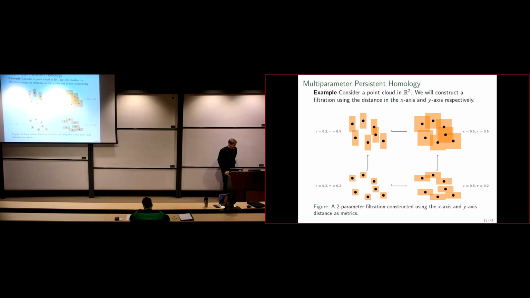So here is an example of a multi-filtration where we use two metrics. We consider this point cloud in the plane in R2, and we will construct a filtration using the distance in the x-axis and y-axis. So we'll try to write this so you can see it online as well.